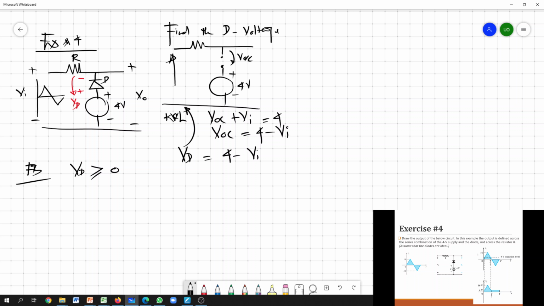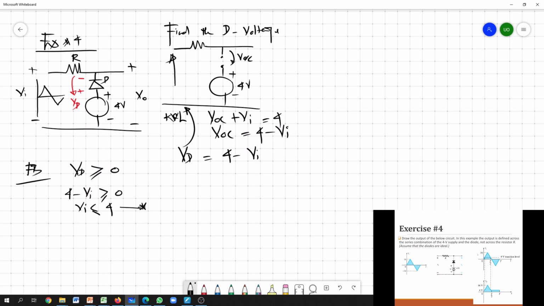Here we can assume that the diode is ideal. So this is the condition that the diode needs to fulfill to be forward bias. Once you plug it in, 4 minus Vi should be greater than or equal to 0. So from this, Vi should be less than or equal to 4 to make it forward.